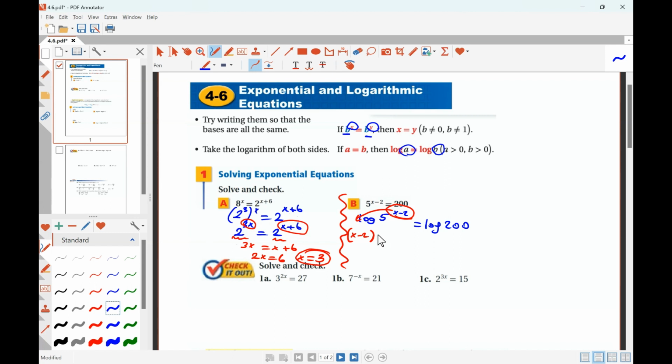(x minus 2) times log 5 equals log 200. I need x alone, so divide both sides by log 5.